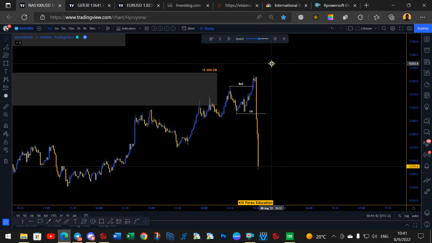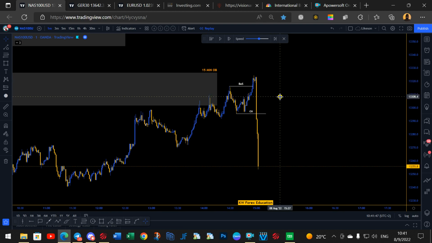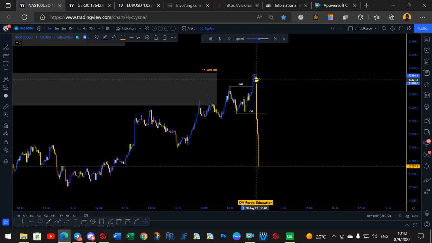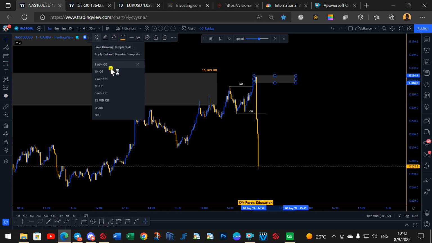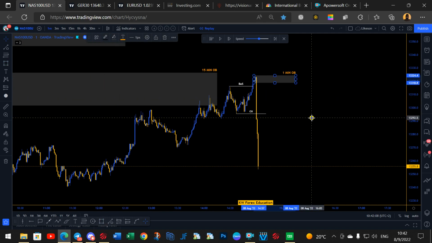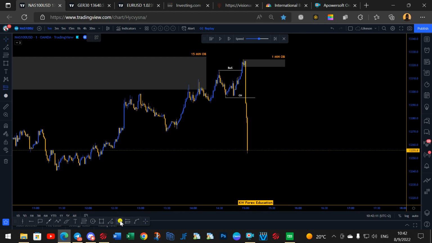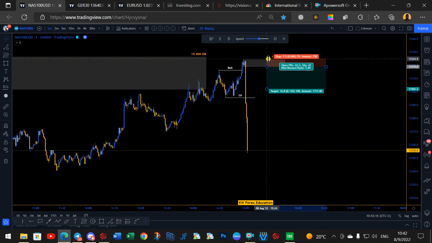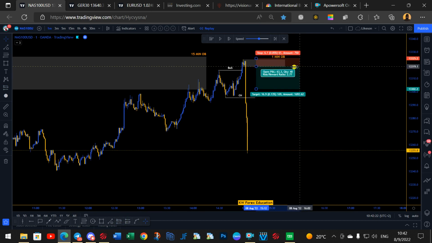And then we got something like this, right? So after we got something like this, I did label that as my order block on 1 minute, and that is where I left my sell limit, right?